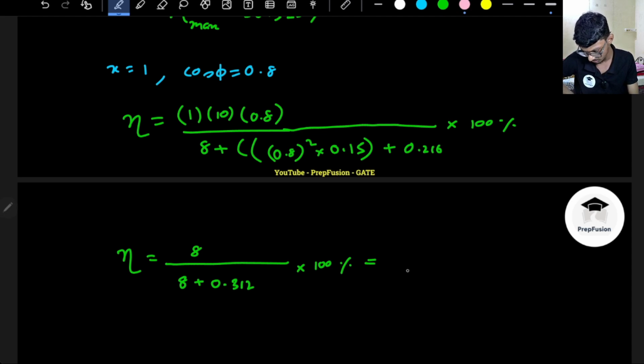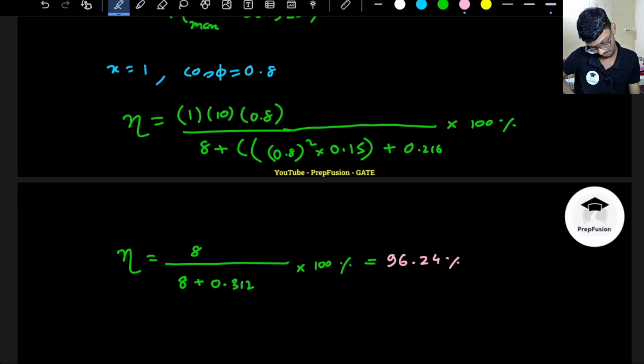That is 96.24%. So the efficiency at this particular load will be 96.24%.